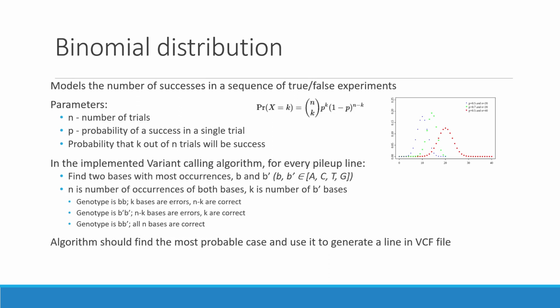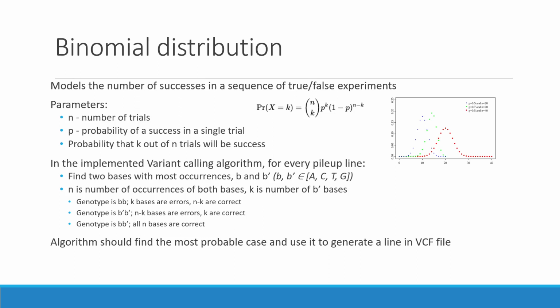The implemented tool uses binomial distribution to calculate probabilities for variant calls. For every pileup file line, the tool should find the 2 variants with the most occurrences, and for example call them B and B prime. n is the number of occurrences of both bases, and k is the number of B prime bases.